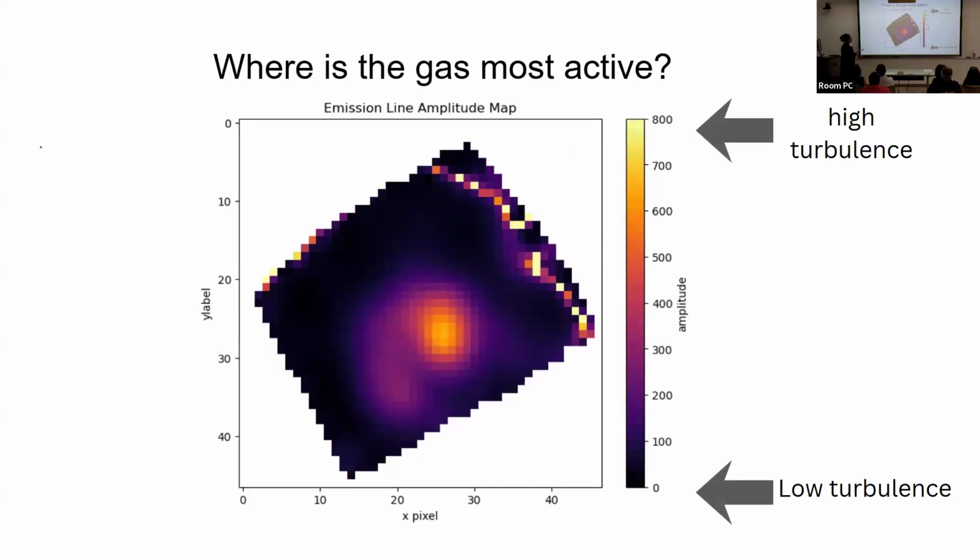And this is where the gas is the most active. The scale again was determined by me and my mentors to show the turbulence. There's a lot of turbulence along the edges.